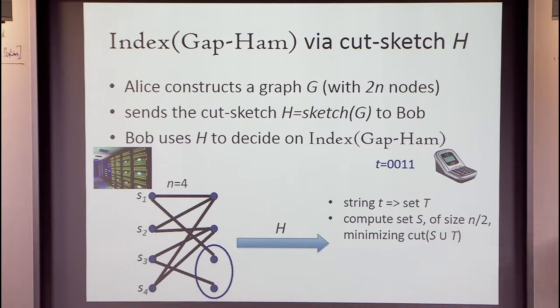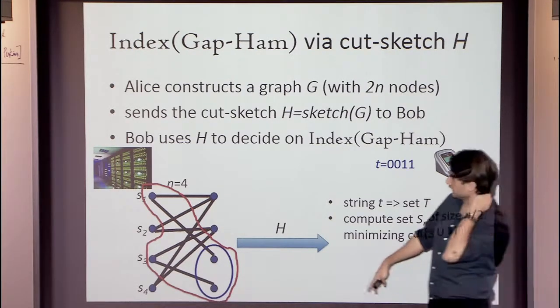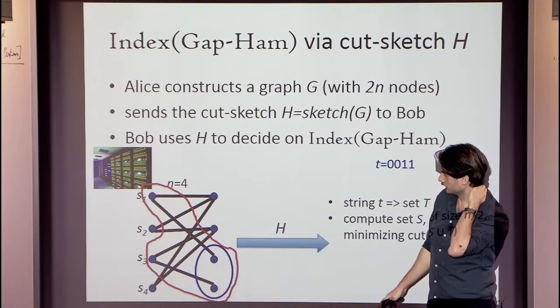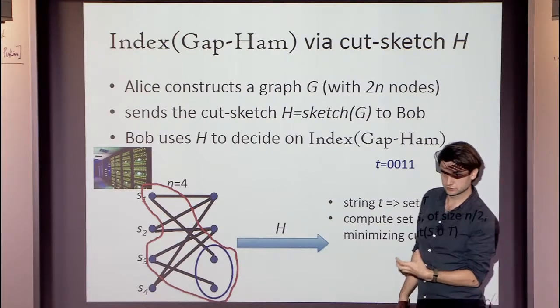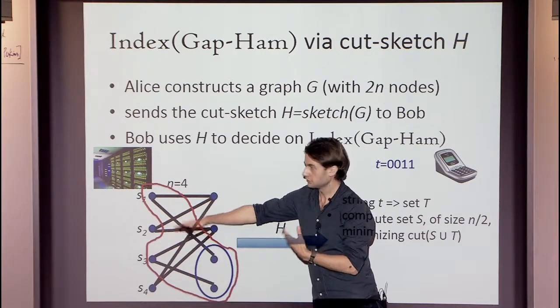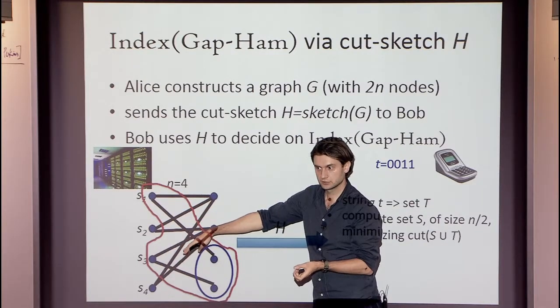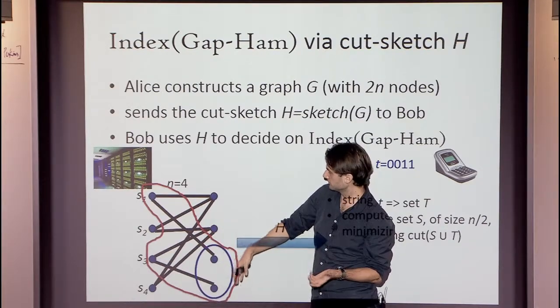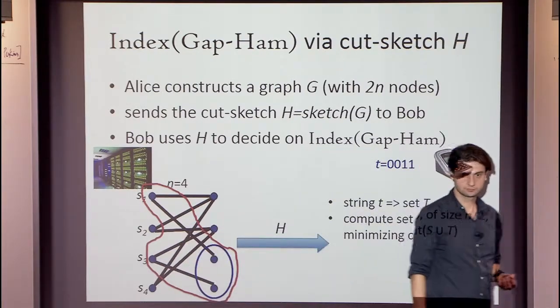Right? So here is one example of such a set S. It consists of 1 and 3, and basically what it does is find this set of half the size on the left-hand side that minimizes its cut value, or put differently, it maximizes the number of edges that are inside.